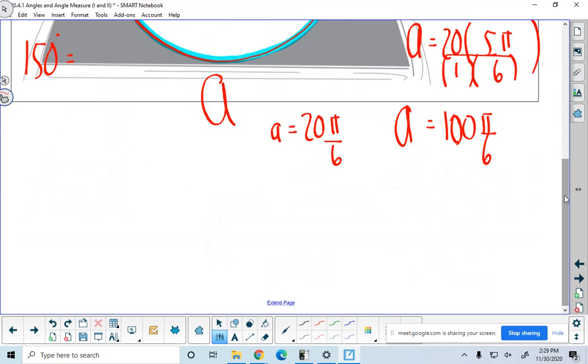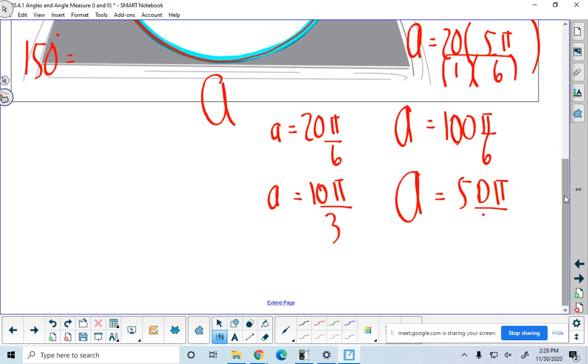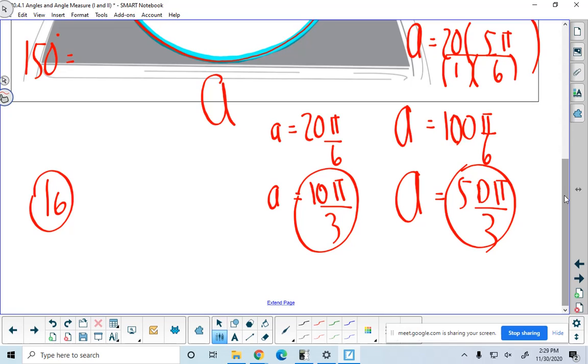Now, we can simplify those. This arc length is 10 pi over 3. 20 over 6 reduces. This is an arc length, it's not an angle. And the big arc length is 50 pi over 3. So what do we need to do? We need to add this, and we need to take 16 for the left side and 16 for the right side. We need to add those four pieces together.